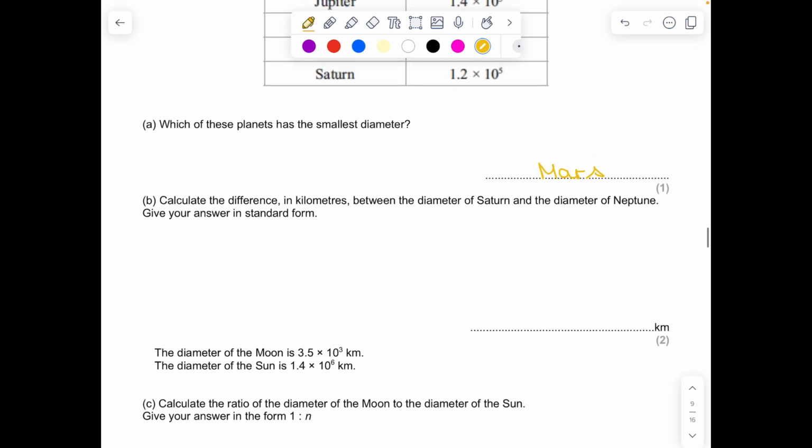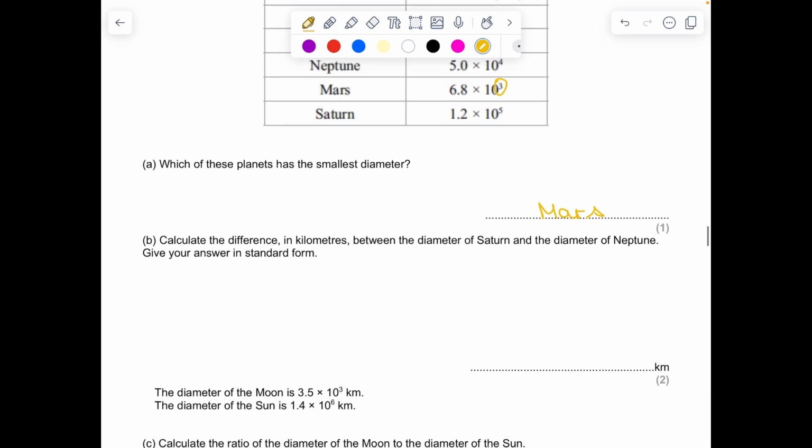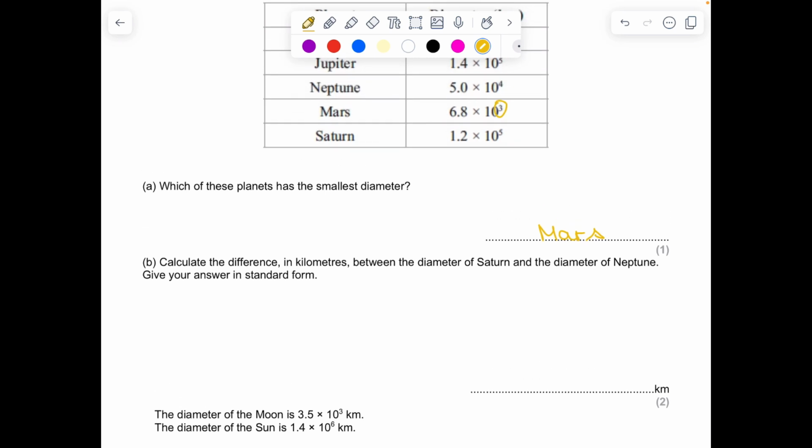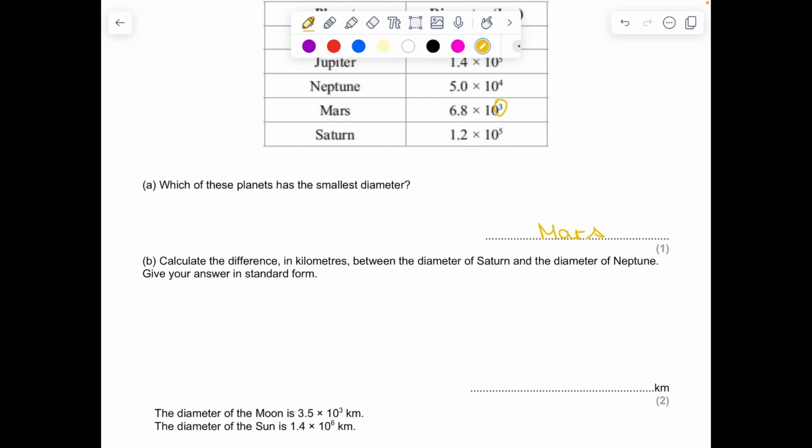It says calculate the difference in kilometres between the diameter of Saturn and the diameter of Neptune. So we are going to do 1.2 times 10 to the power 5, take away 5.0 times 10 to the power of 4. So the biggest take away smallest will give us our difference.